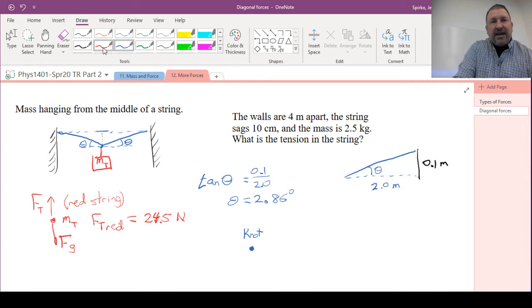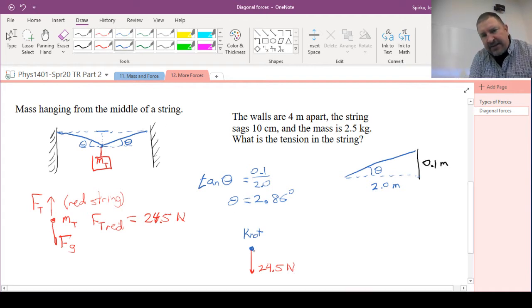And this connection is going to experience a downward 24.5 newton force, and it'll experience a diagonal FT blue and another diagonal FT blue. Let's just put the letter B there.